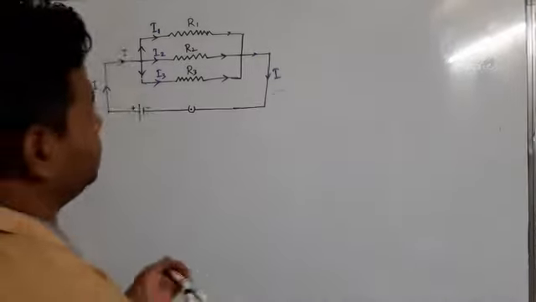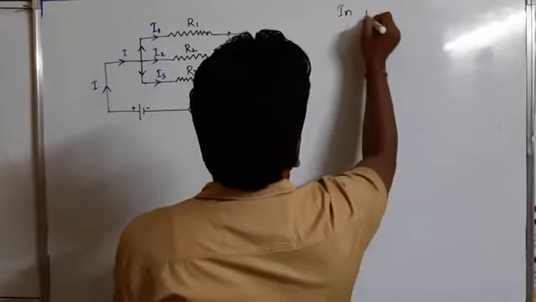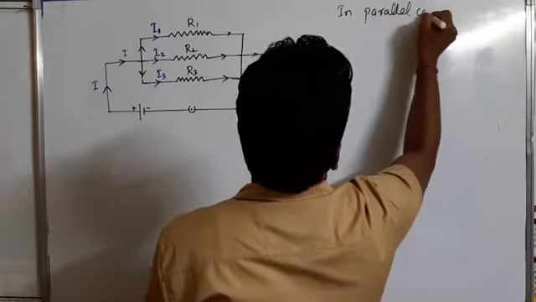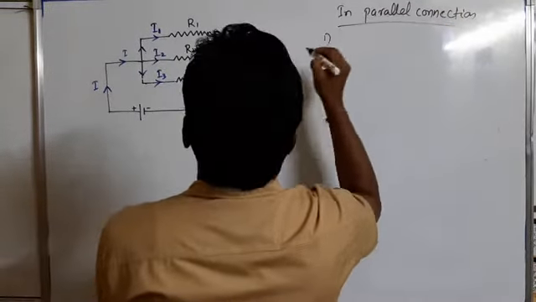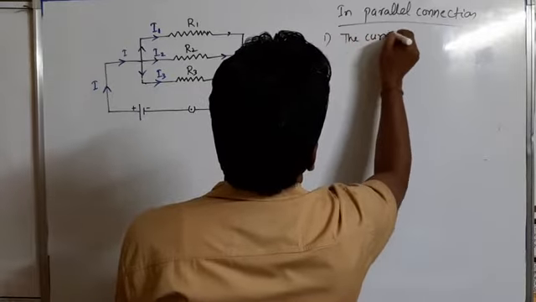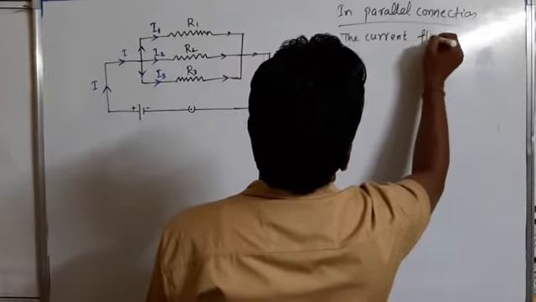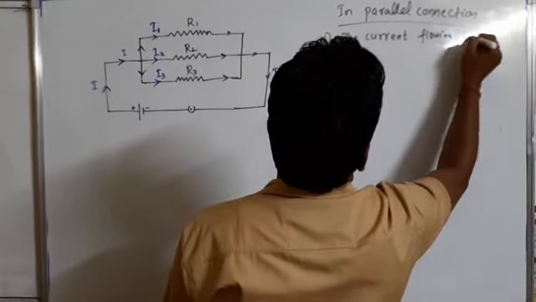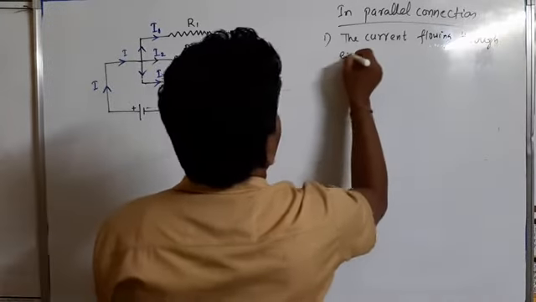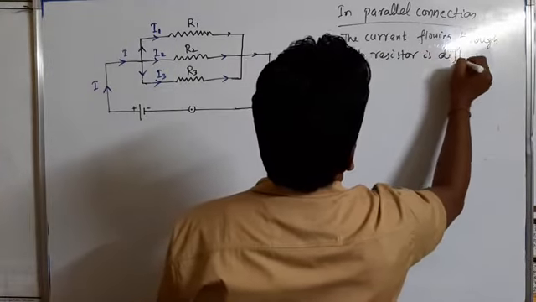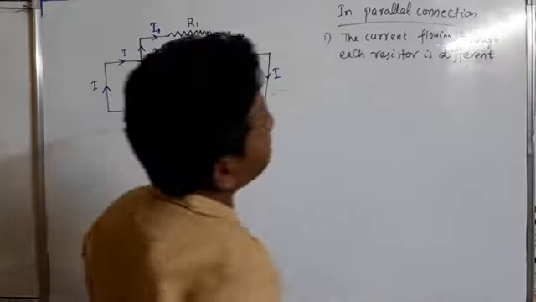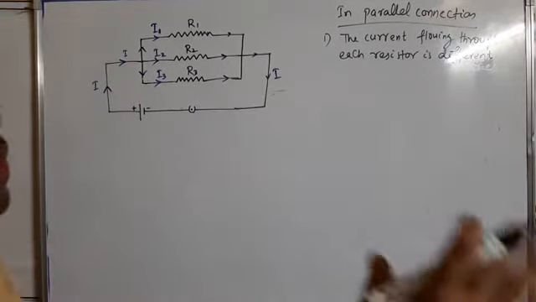So students, it is just the opposite of series connection. In case of parallel connection, the current flowing through each resistor is different, whereas in case of series connection the same amount of current was flowing through each resistor.